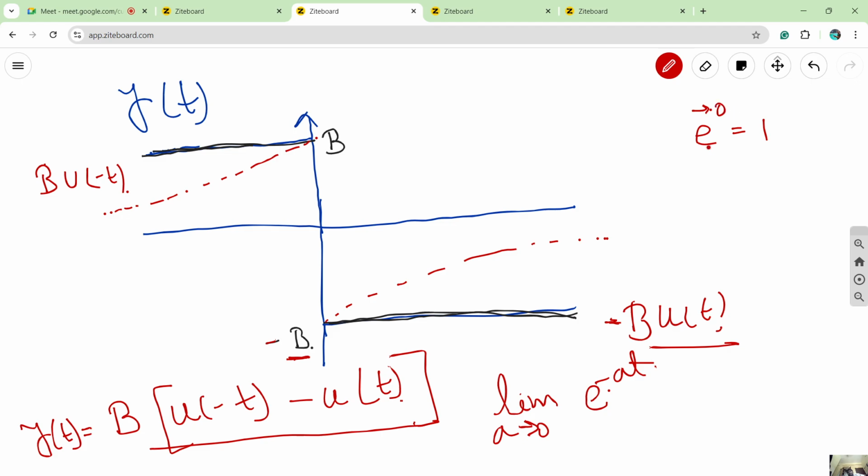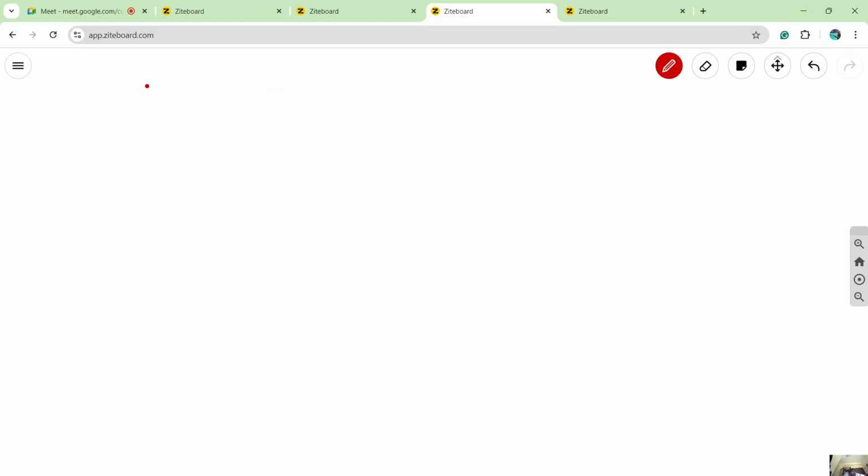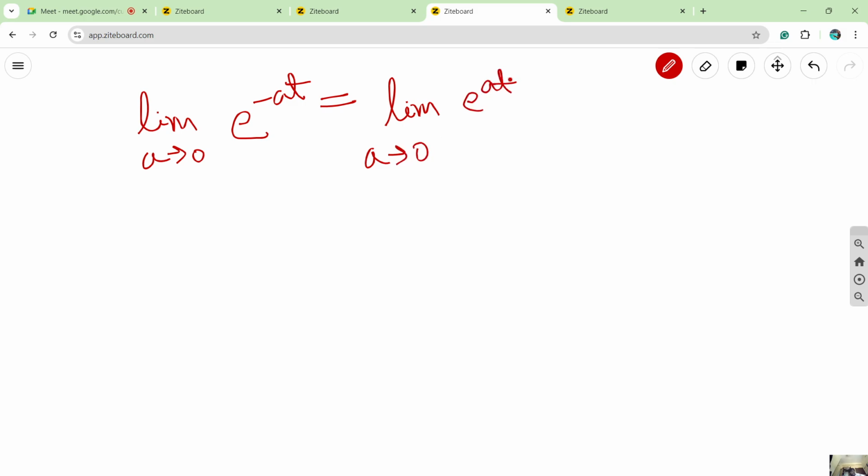So the limit as a tends to 0 of e to the power minus at is the limit as a tends to 0 of e to the power at, and this is equal to 1, because as a tends to 0, it tends to 1. So both of them have the same sort of value.